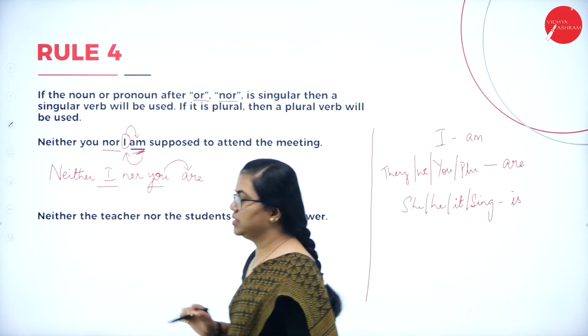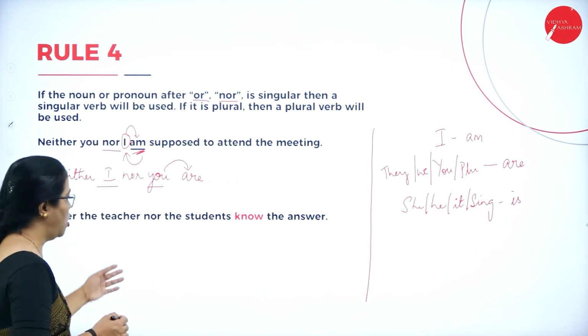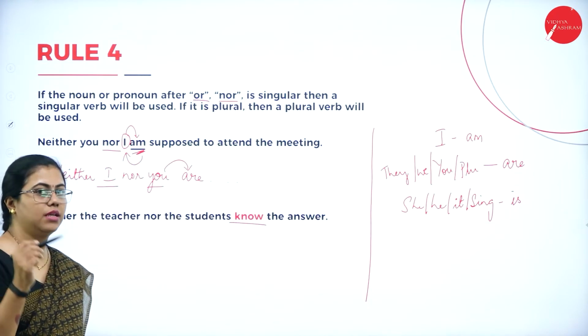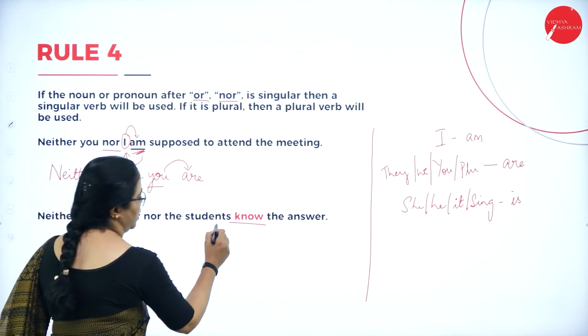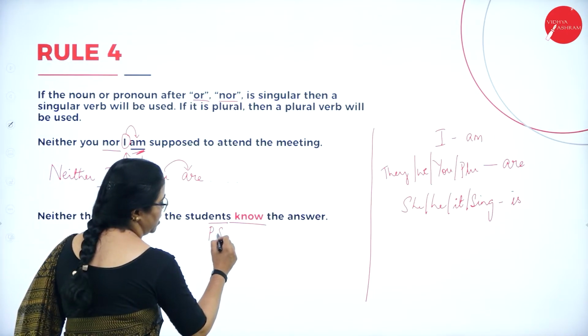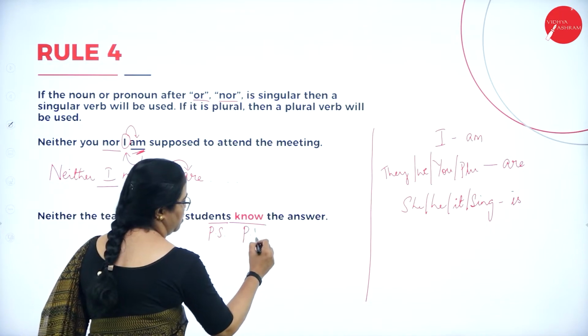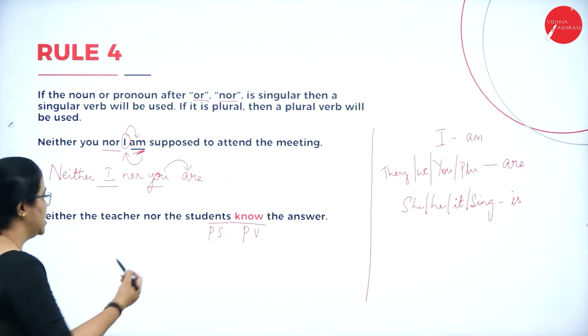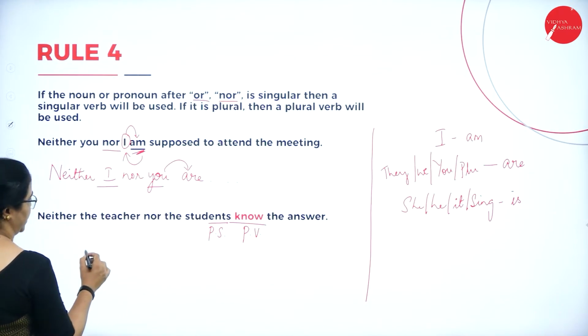So here you can see, neither the teacher nor the students, without S, that means it is a plural verb. Why? Because here it is a plural subject, so it has to be a plural verb. Suppose teacher and students were interchanged.